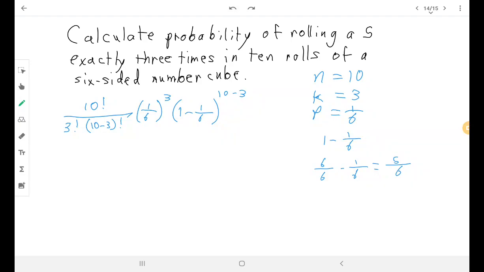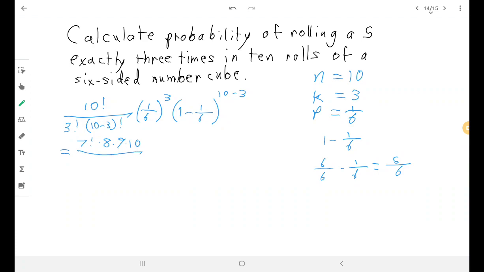I'm going to do the same thing with this 10 factorial. I'm going to call it 3 factorial times 4 times 5 times 6 times 7. Well, no, you know what? Let me be more clever than that. Let me call it 7 factorial times 8 times 9 times 10, because I'll get a bigger cancellation that way, right?